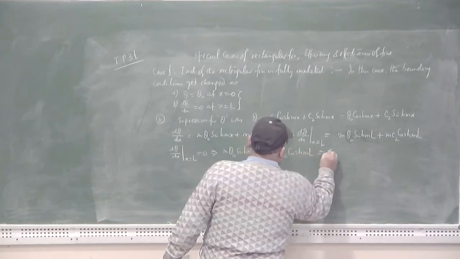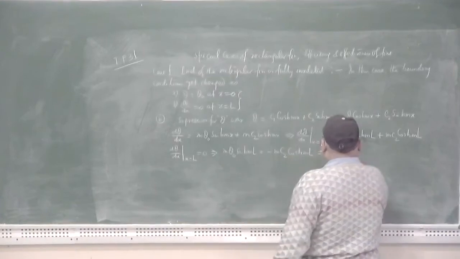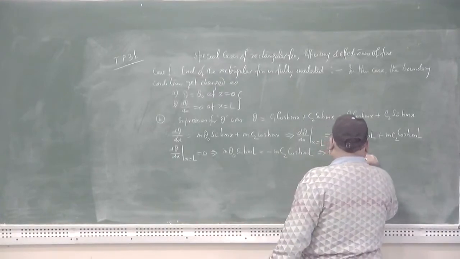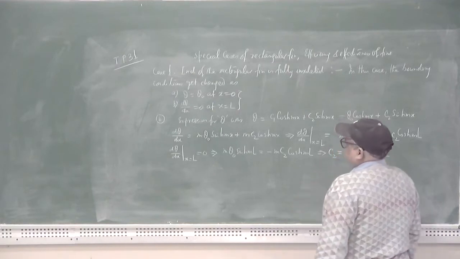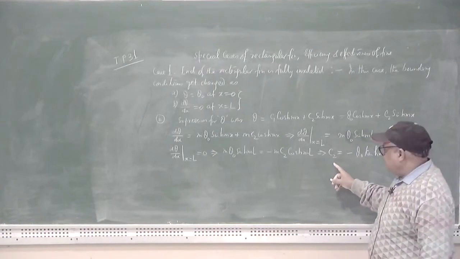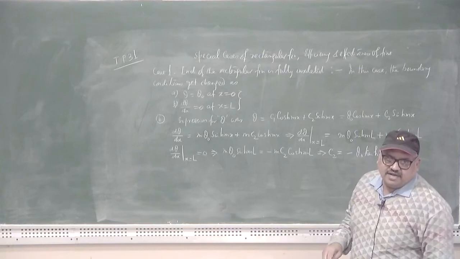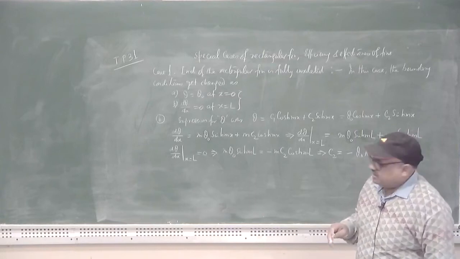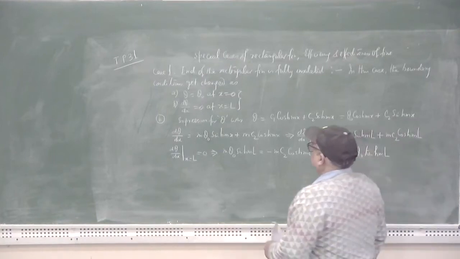So, the value of C2 comes as minus theta 0 tanh mL. So, the integration constant C2 has this value in the present case if the farthest end is fully insulated.